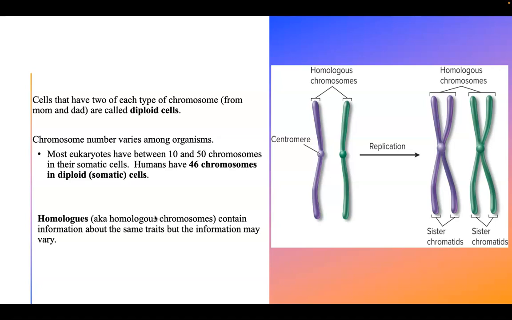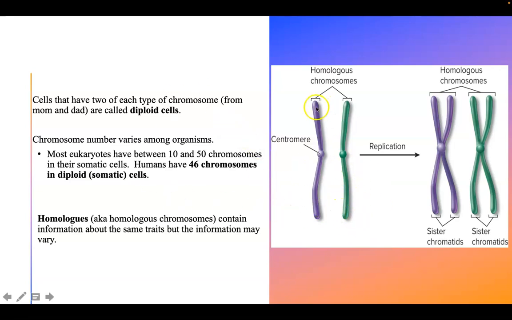Homologs, also known as homologous chromosomes, contain information about the same traits, but the information may vary. So I mentioned how these could both be homologs because they both have the same expression for like hair color, eye color, weight, height, but they could be coding for different things.